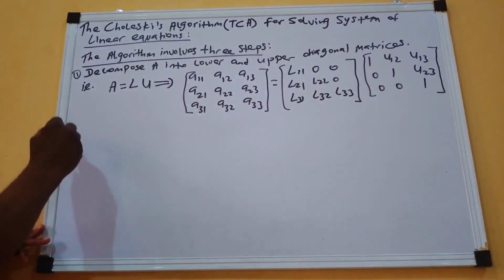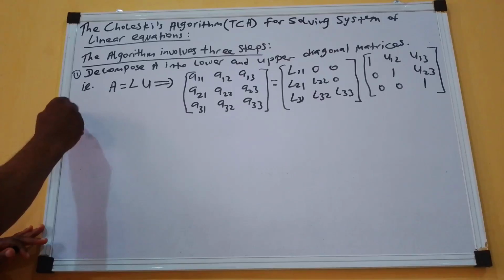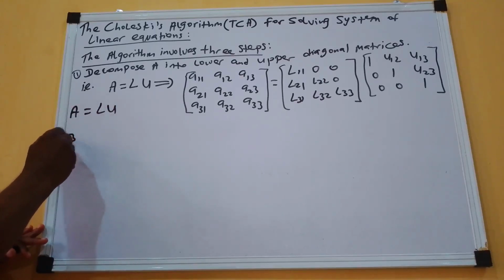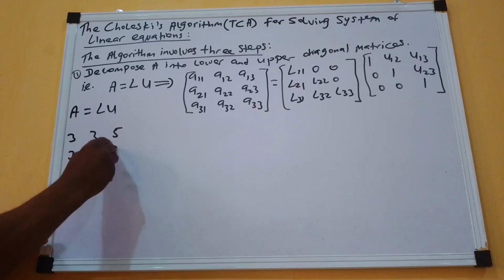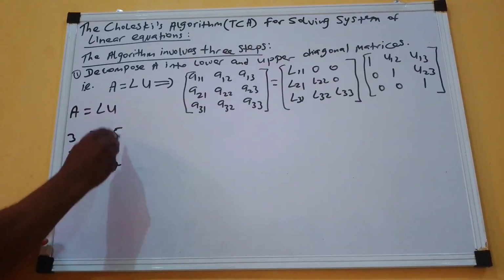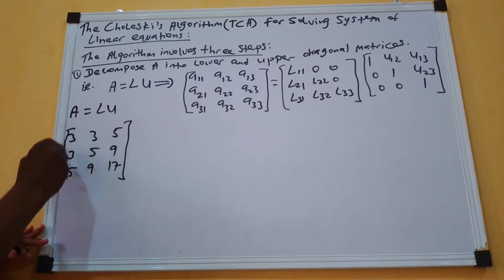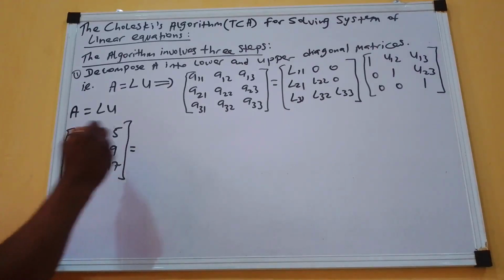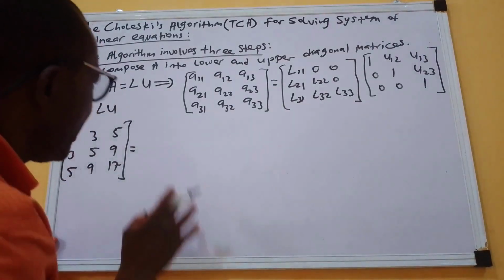We'll now have our A. I want to write A = LU. So our A is 3, 3, 5, 3, 5, 9, then 5, 9, 17 from the system. Then, of course, this will now be equal to LU.